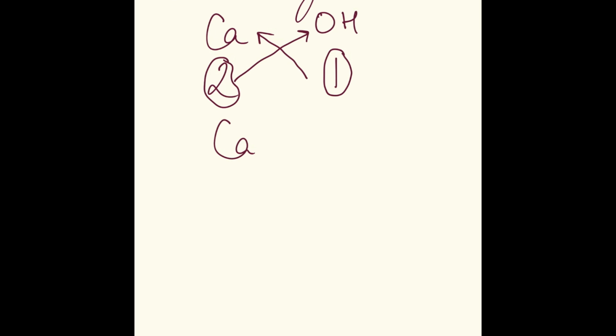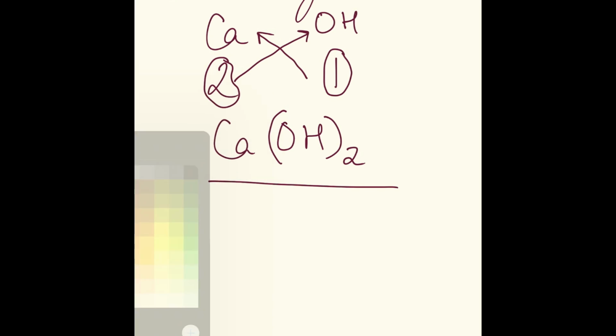So CaOH, and I have to put a bracket and then put a 2 over here. Some of you might be wondering why I put a bracket. To explain this point, just have a look.